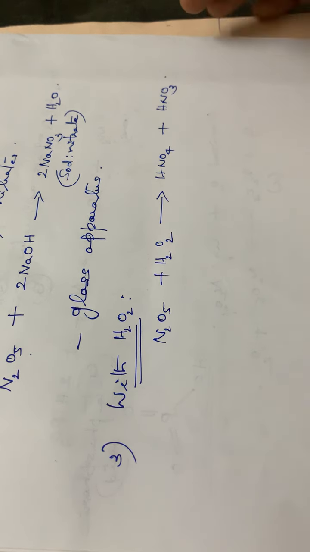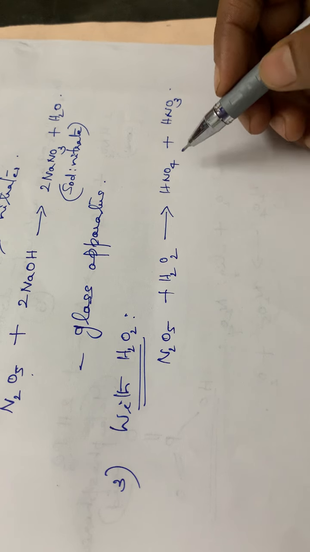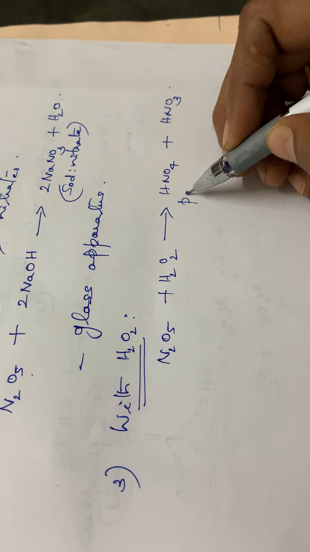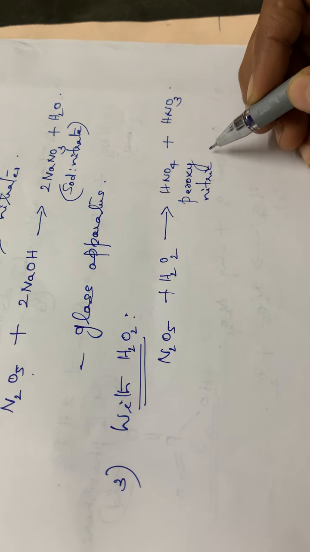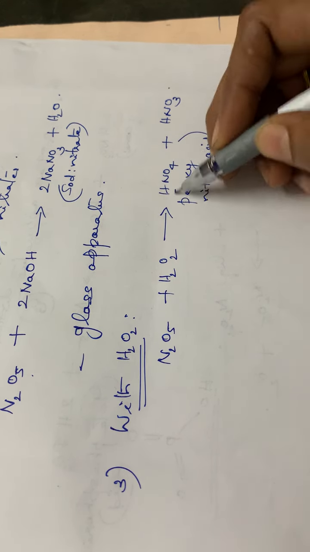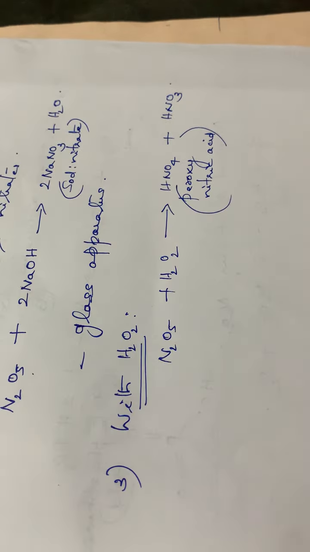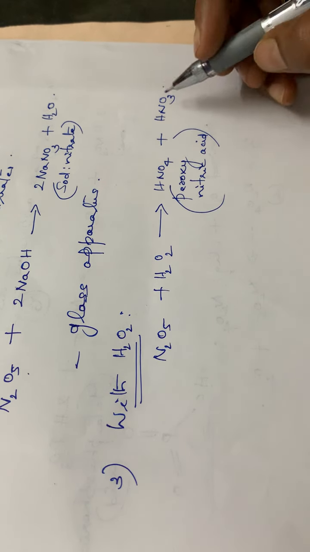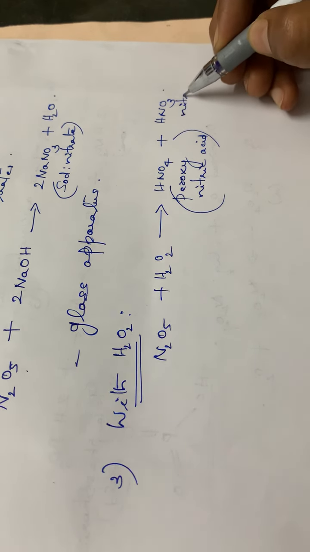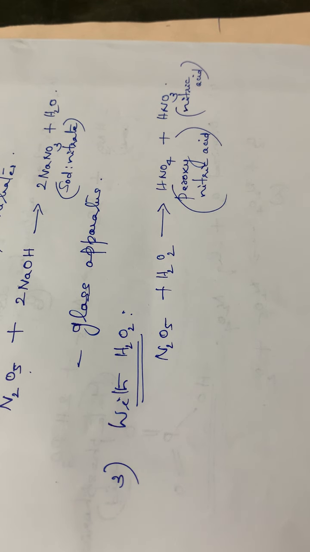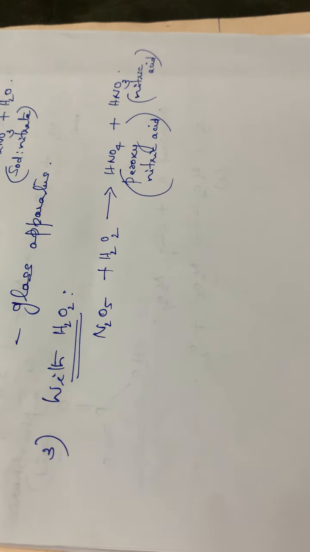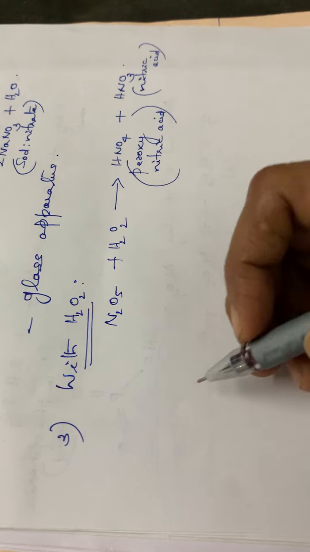HNO3 is nitric acid, as you know, while HNO4 is peroxynitric acid. Then the next one, coming to the structure of this N2O5.